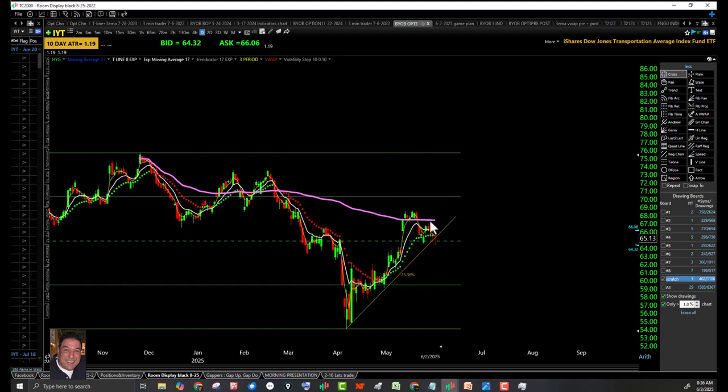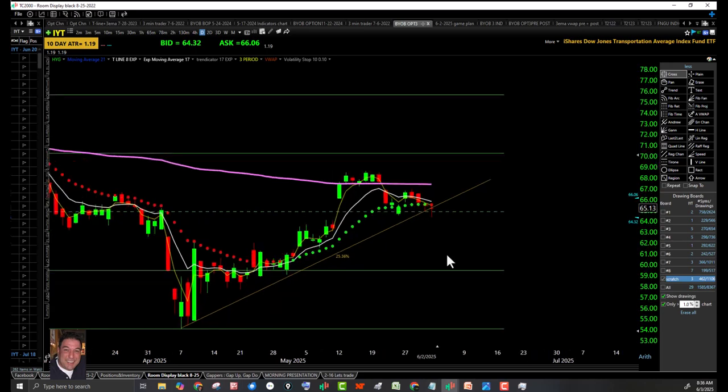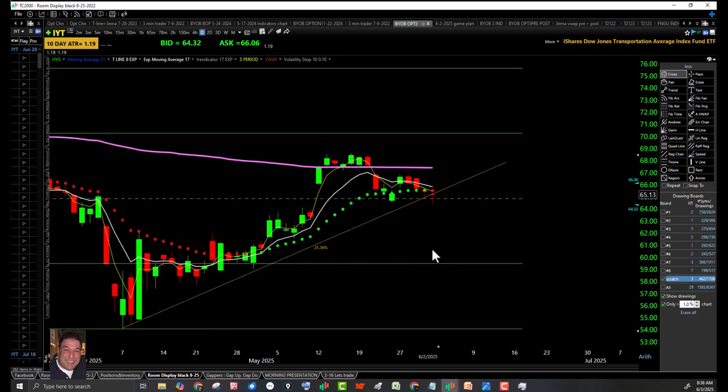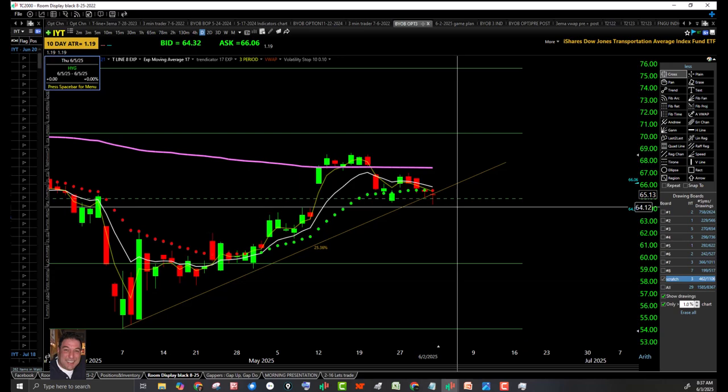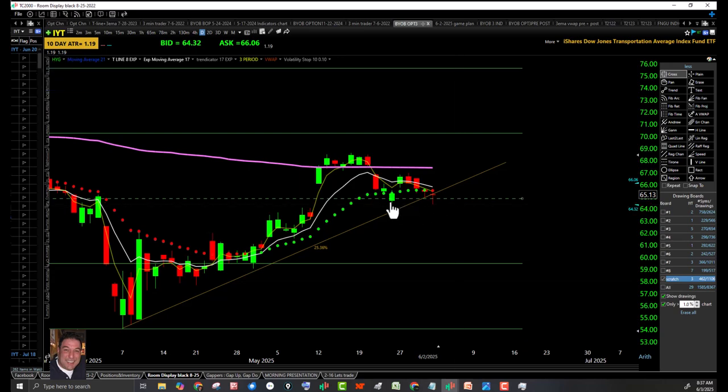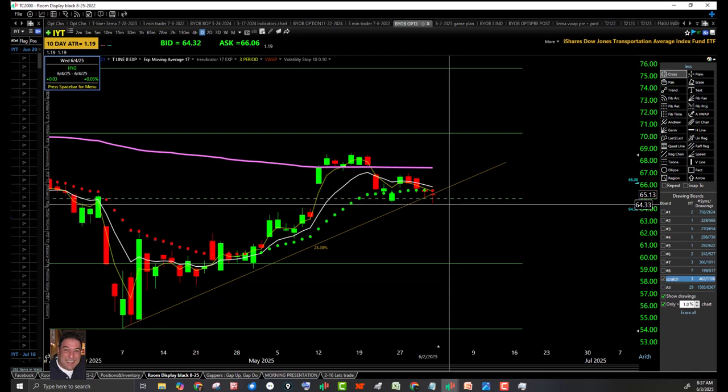Now be prepared to get disappointed. This is the transports. We really need transports to support this rally, and they're just really not doing it as strongly as we'd like to see. We got a higher low and a higher high, we got an uptrend. Actually, we have a downtrend because there's a low and we just made a lower low.